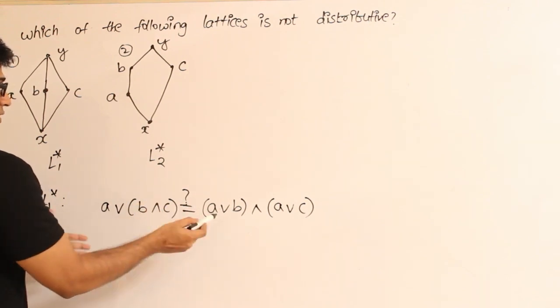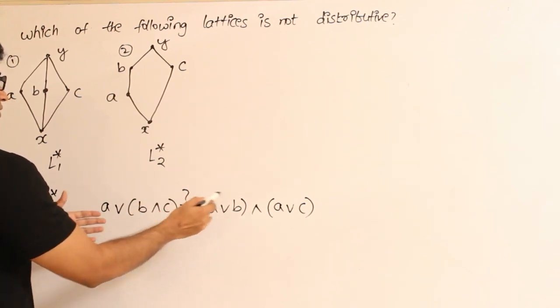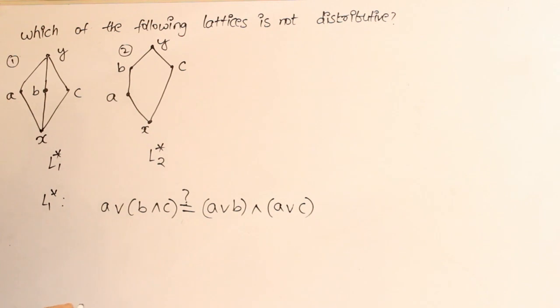I am not writing that it is equal. I am just trying to see whether this particular equality holds or not on L1 star, right? So now what is B and C? It is nothing but the meet of B and C, or the greatest lower bound of B and C, right? So for B and C, the greatest lower bound is X. So here it is X. Are you able to see this?